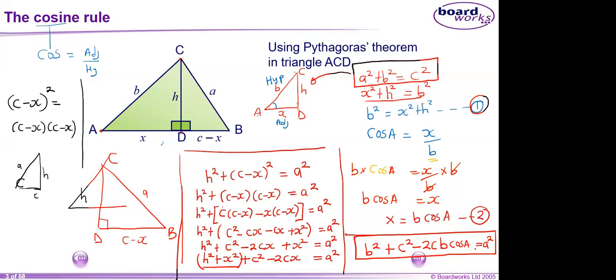Because if you work this one out and it forms a perfect square, it becomes c plus x squared. Okay, we start again. You are saying c minus x squared is the same as c minus x into c plus x.